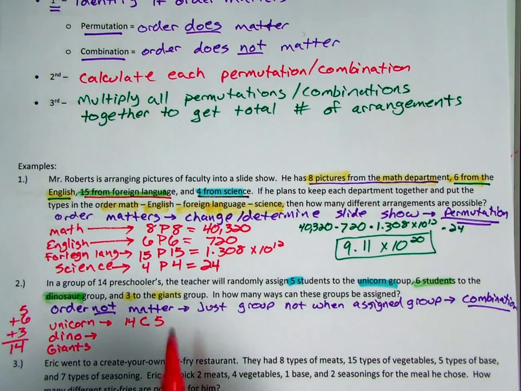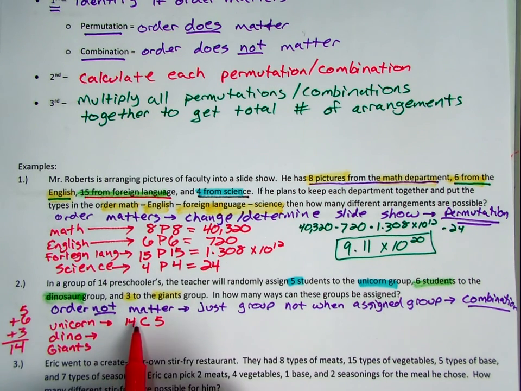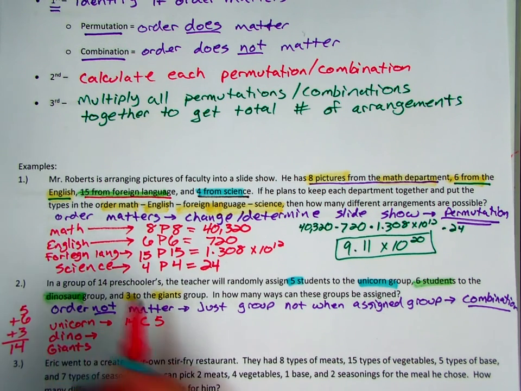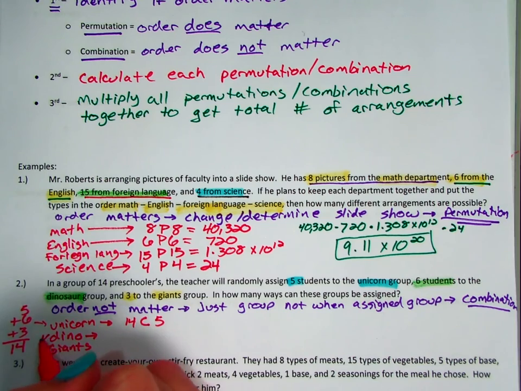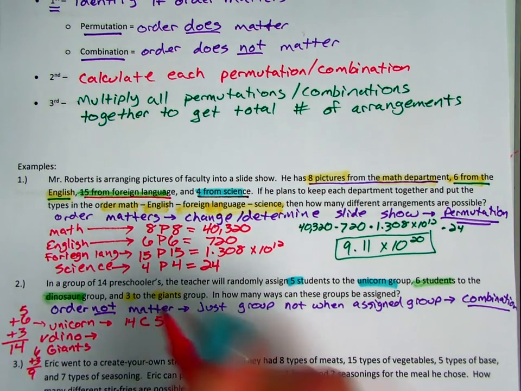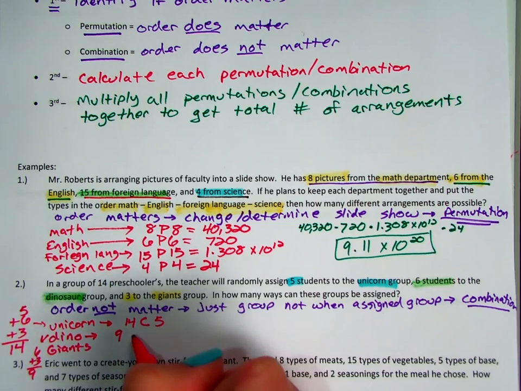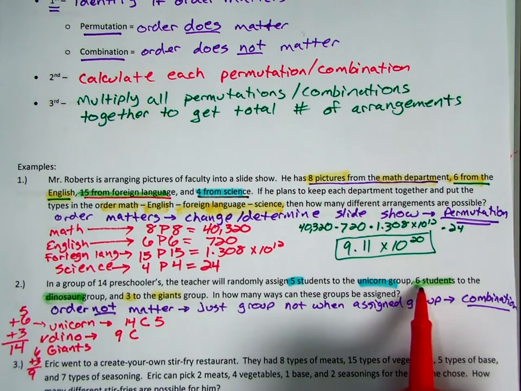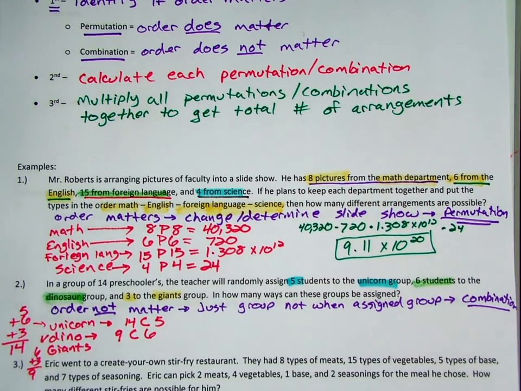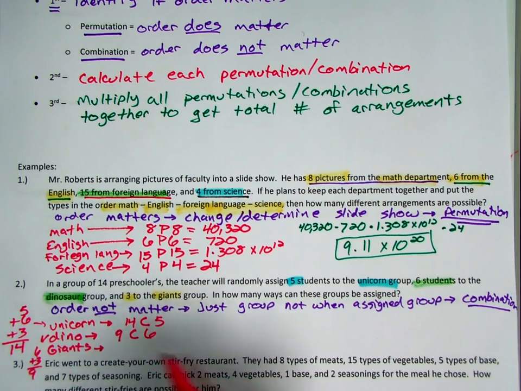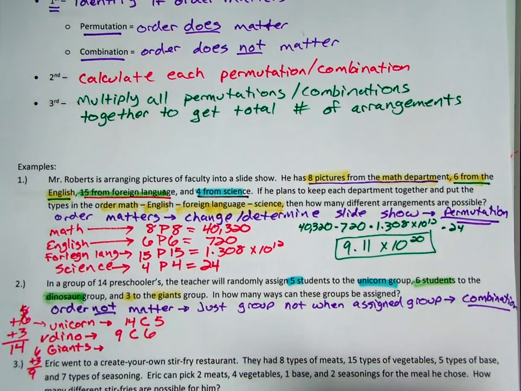So before I even type that in the calculator, let's just do that for each one. Now we need to be careful here, because once I choose 5 of them, do I still have 14 kids to choose from? No. So when I do the dino group, I really only have the 6 plus 3 left, which is 9. So at the dino group, I have 9 options, and I'm going to choose how many? They said 6. Then when I get to the giants group, I don't have 9 or 14. I only have the 3 that are left.